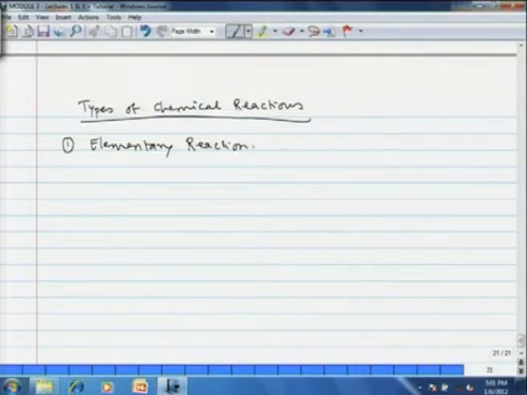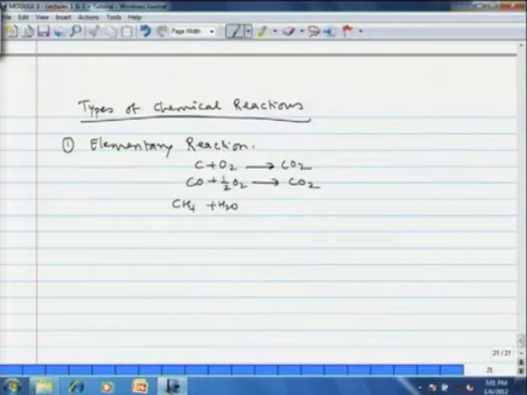For example, carbon plus oxygen giving CO2, or CO plus half oxygen giving CO2, or CH4 plus H2O giving CO plus 3H2, steam reforming of methane, so on and so forth.